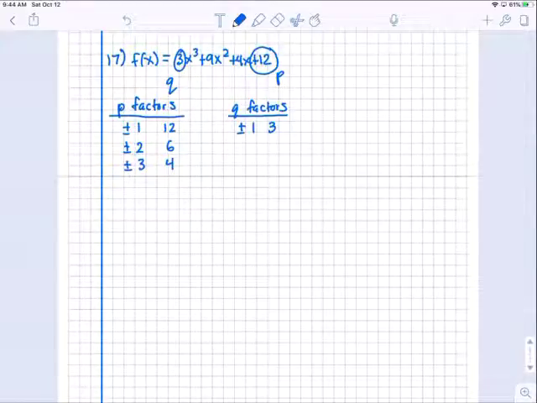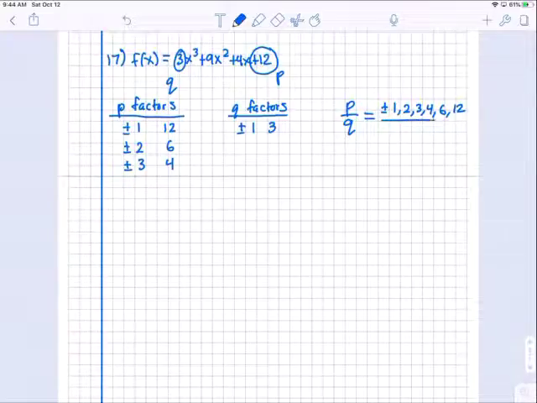Okay, so P over Q is equal to plus or minus 1, 2, 3, 4, 6, and 12, all over plus or minus 1 and 3.